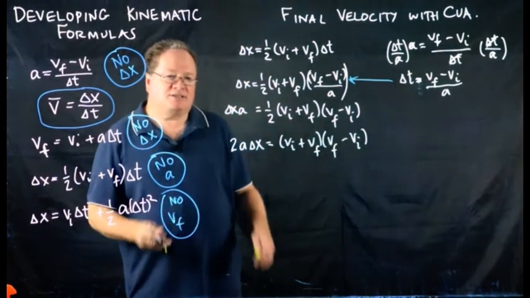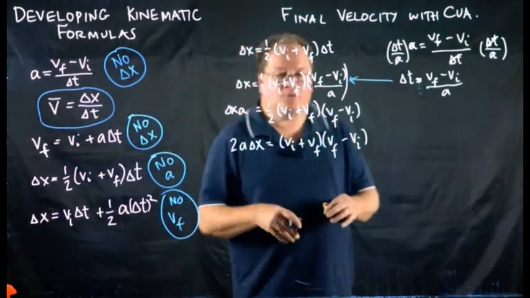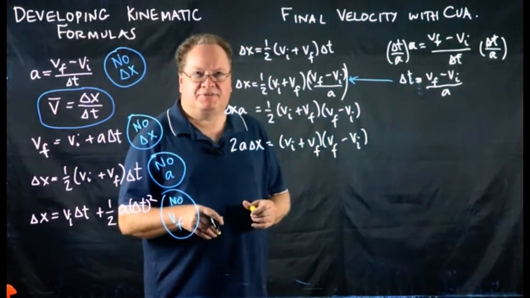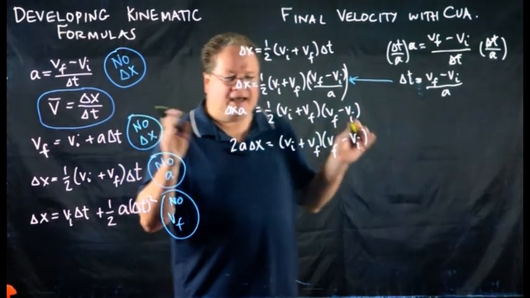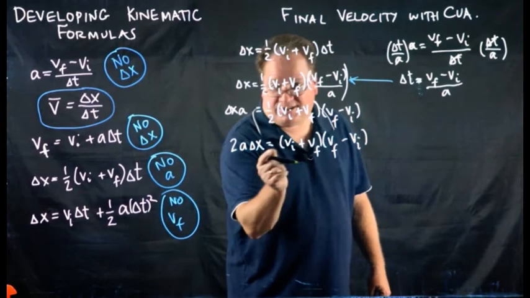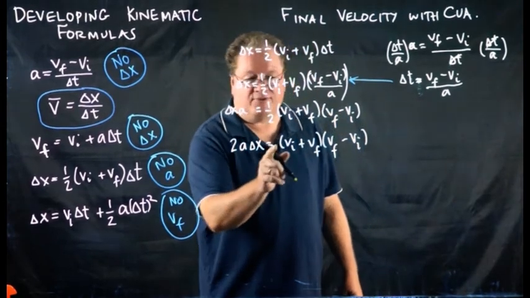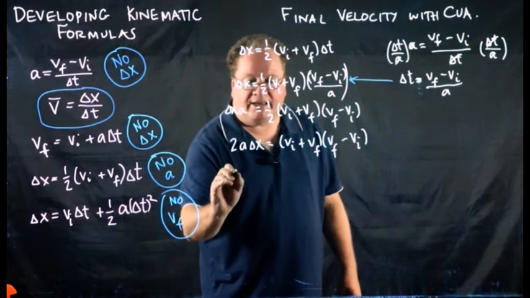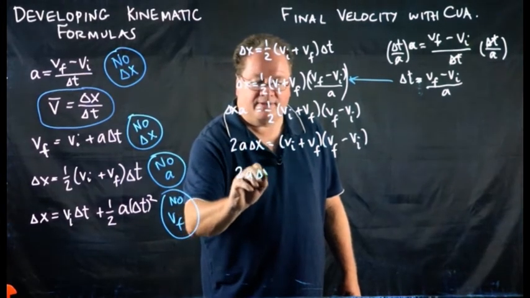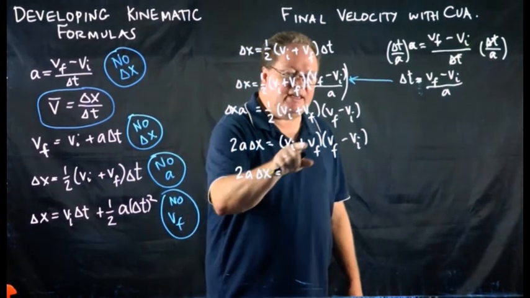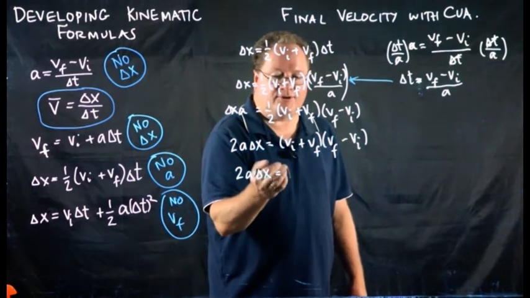Now you guys, I don't remember what you call it in math. I think it's difference of squares or something. But if you FOIL these two, you end up with vi times vi, which is going to give you vi squared.